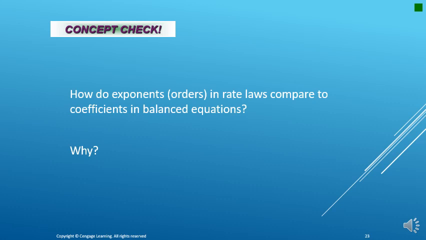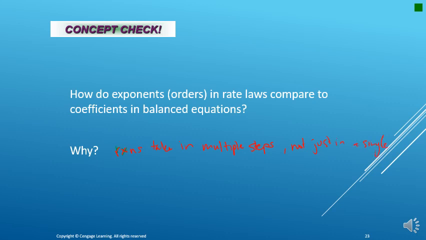Your answer is simple. There is no relationship between the exponents or the orders in our rate law compared to the coefficients. Again, the reason why is the fact that these reactions take place in multiple steps, not just in a single step.